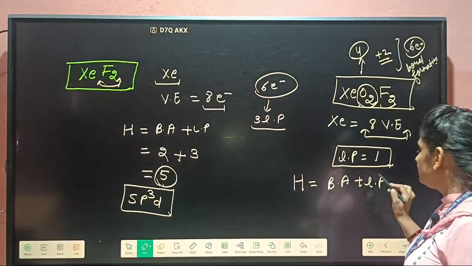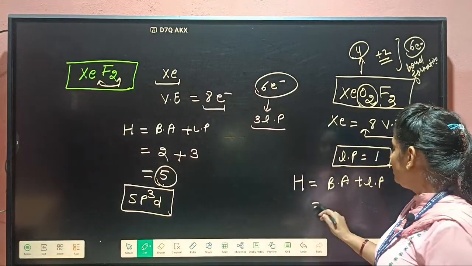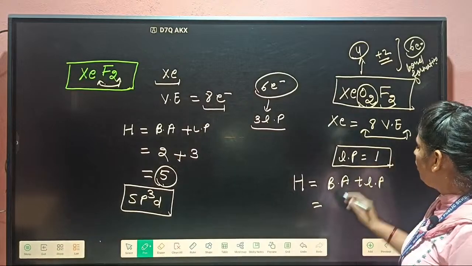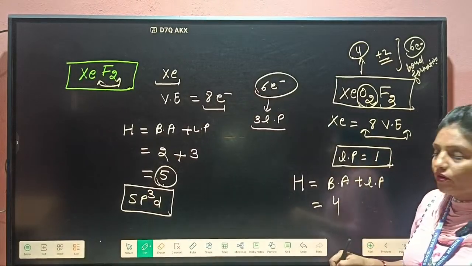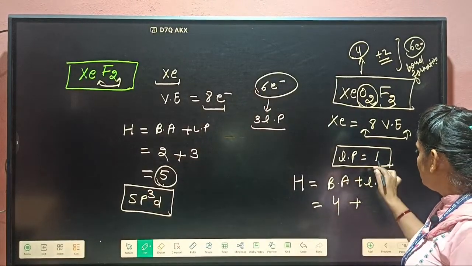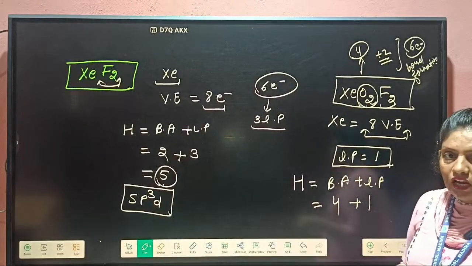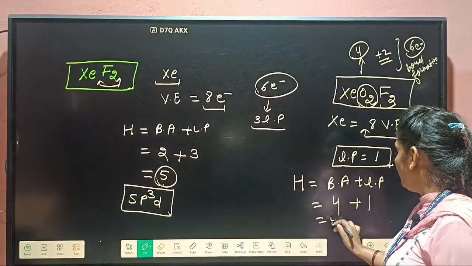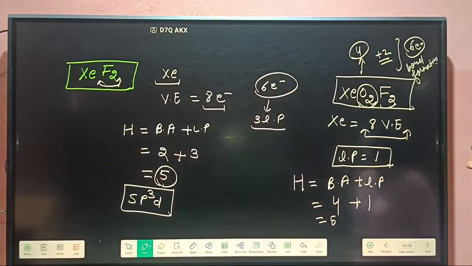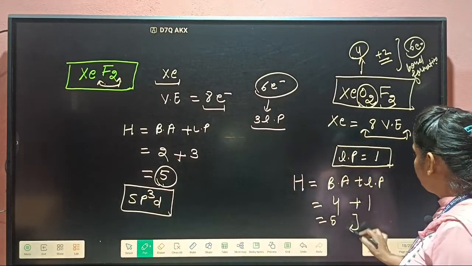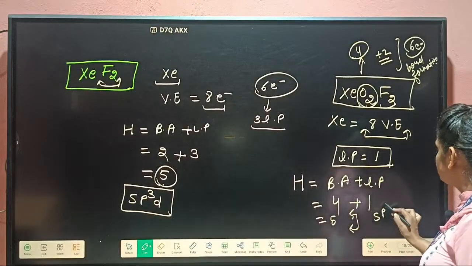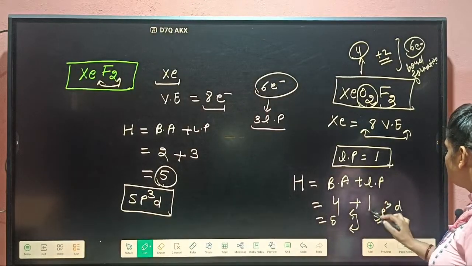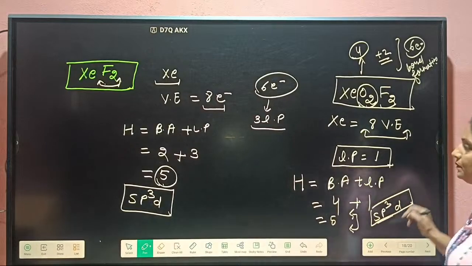Bonded atoms are 2 plus 2, 4, plus lone pair 1, so 4 plus 1 is 5. Hybridization will be sp3.